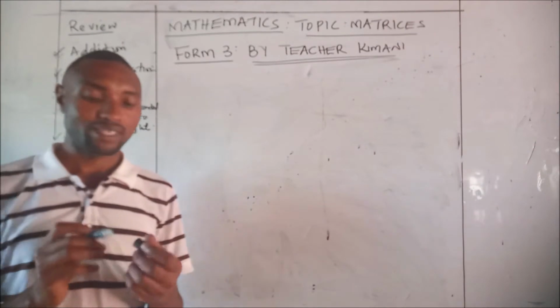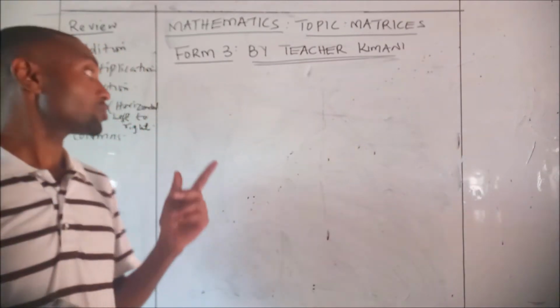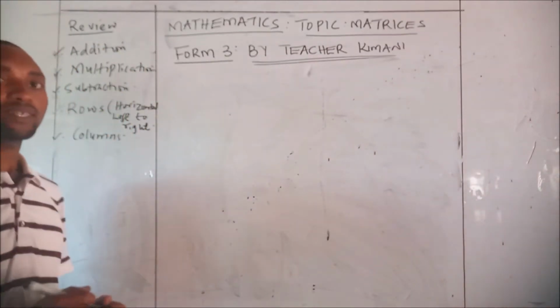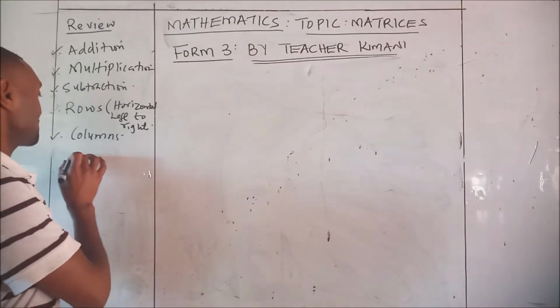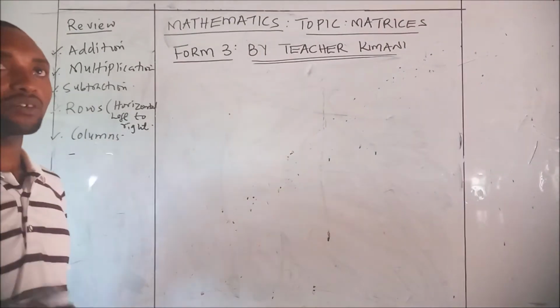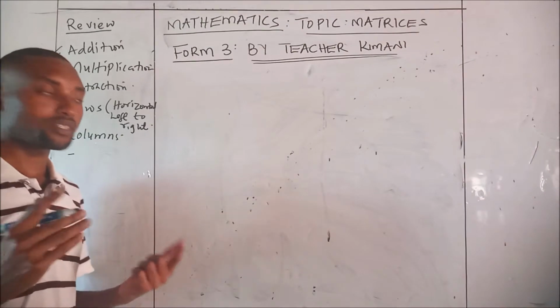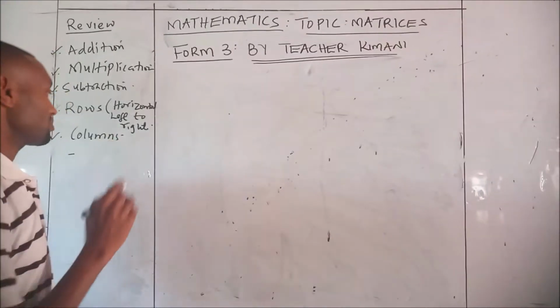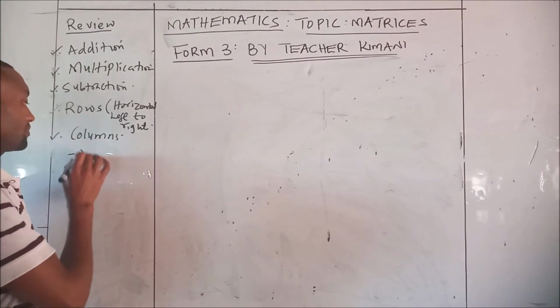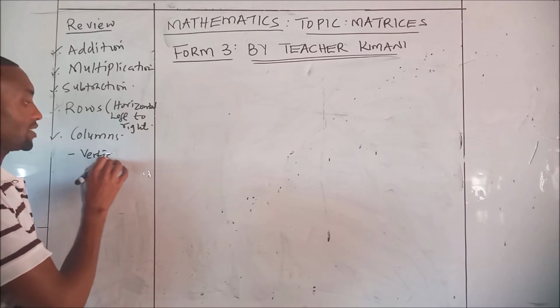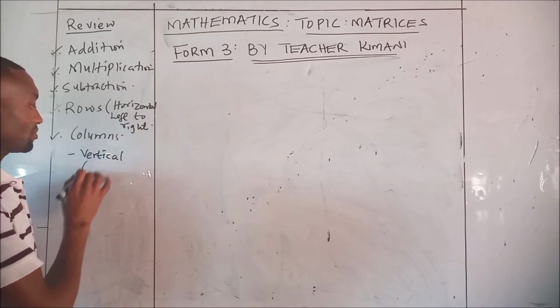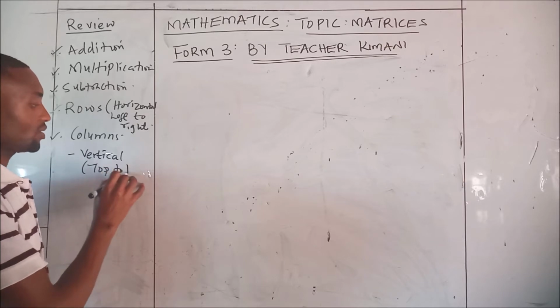That should be very key. We are also going to look at what columns entail: arrangement in vertical. And vertical means it must be from top to bottom.